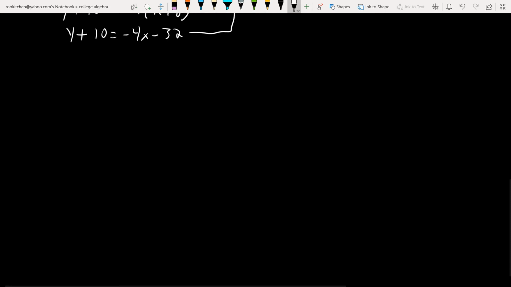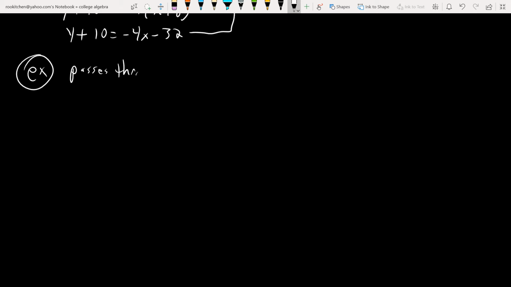Let's do one where the given line is perpendicular. Okay. So in this example, the line we want passes through -4, 2, and it is perpendicular to the line y equals 1/3 x plus 7. Okay. So again, we need two things.